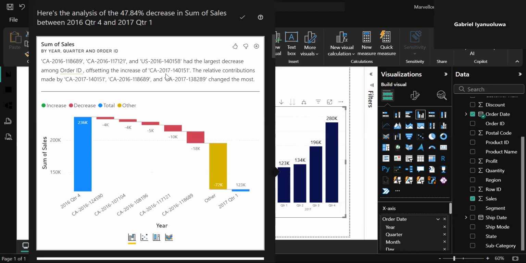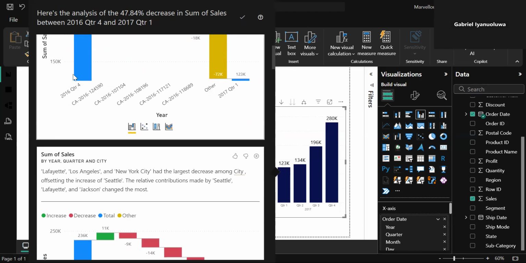And also it was telling us that this changed the most. So we could see people that affected it up here and someone that helped in the increase a bit. And of course, we could see it in the visual.